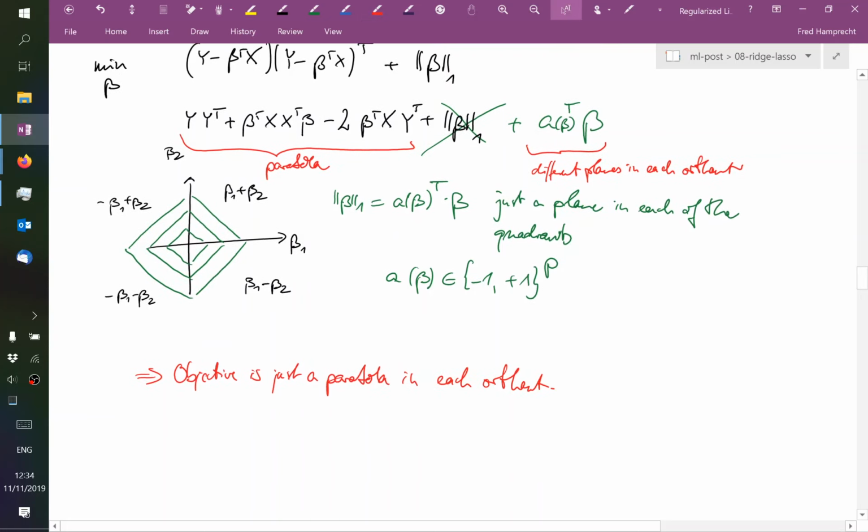And moreover, these parabolae meet up, because this L1 norm of beta is continuous at the places where we go from one orthant to the next. So these parabolae match up.